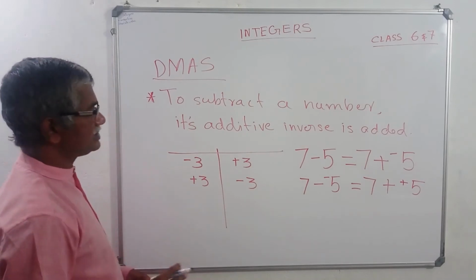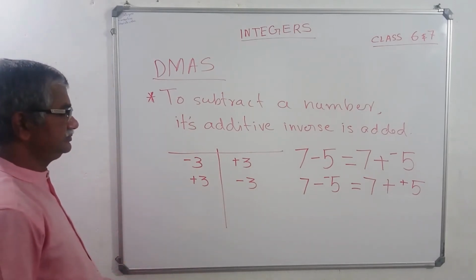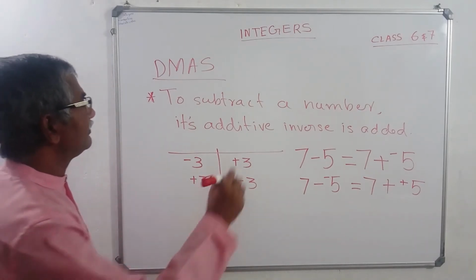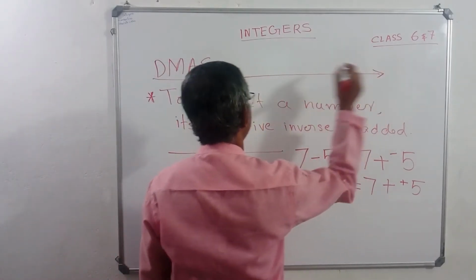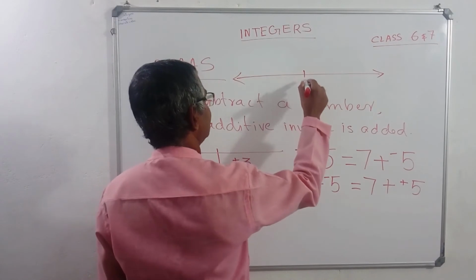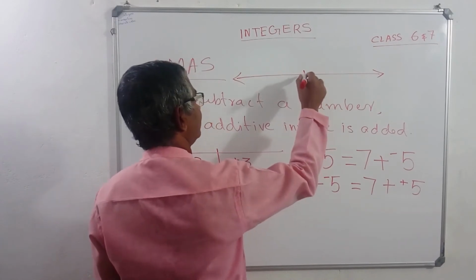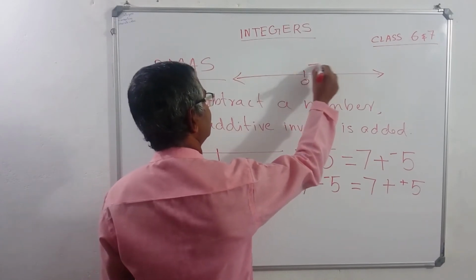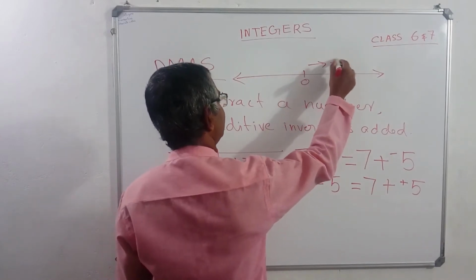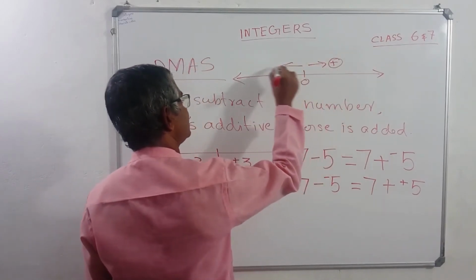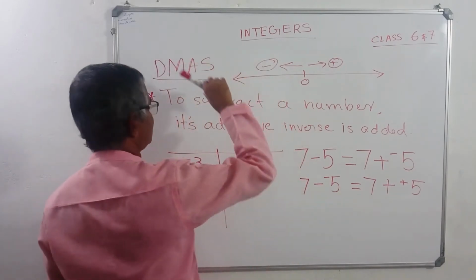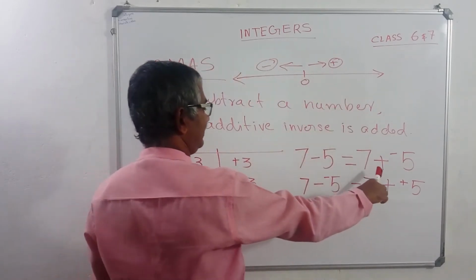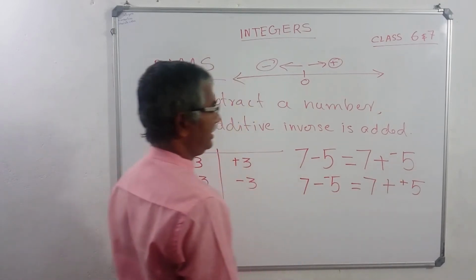So you can do some exercises with this principle. You can just imagine a number line. At first, find the position 0, right side positive, left side negative. In order to subtract, what we are doing is just adding the additive inverse.